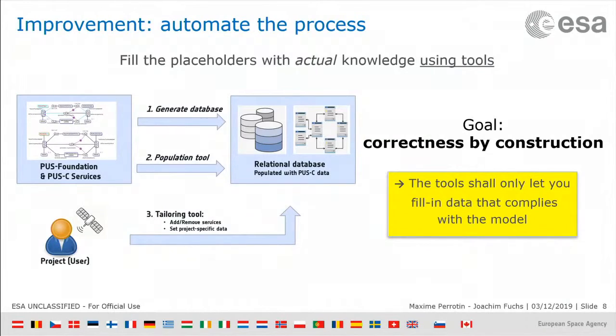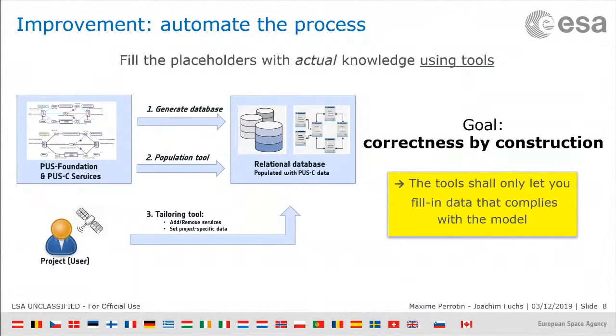So the tool, by using these formal methods and tools, will only allow you to instantiate an interface definition and a specification for your command control, which is correct by construction. So the tailoring itself, it's the addition, removal of services.